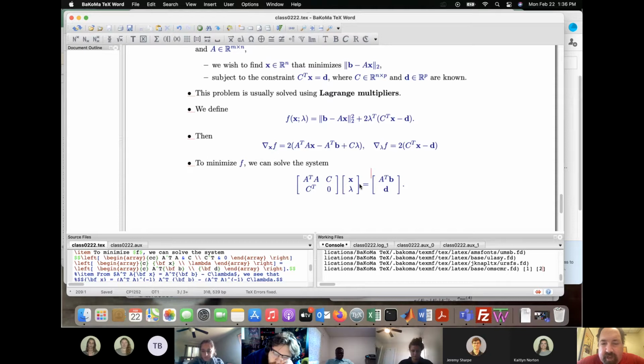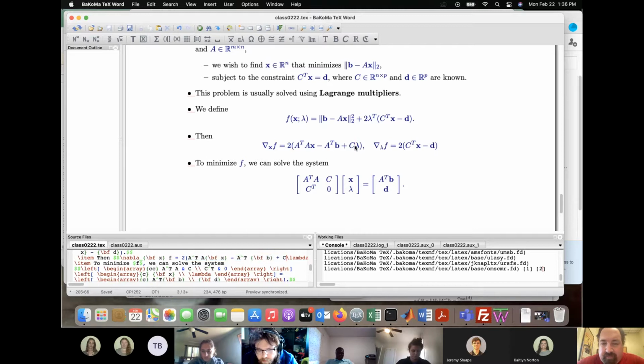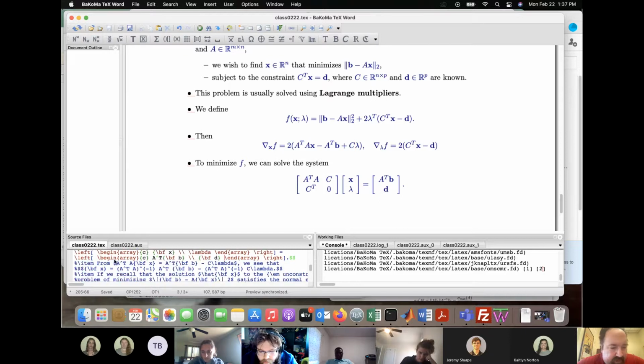If you were to multiply this out, I get A transpose A x plus C lambda equals A transpose b, which is what you get from setting this equal to 0. And then here I have C transpose x plus 0 equal to d, coming from setting this equal to 0. So solving this system for x and lambda is equivalent to setting both of these equal to 0. That's what we need to find a minimum.